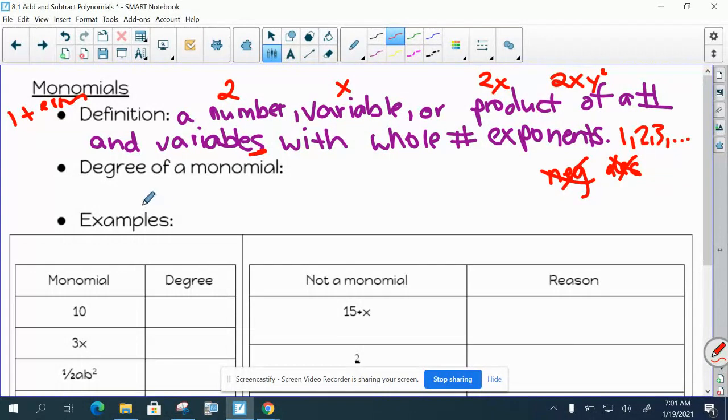The degree of a monomial is the sum of the exponents of the variables. And the key word here is the sum. So you would add up all of the exponents in that term.